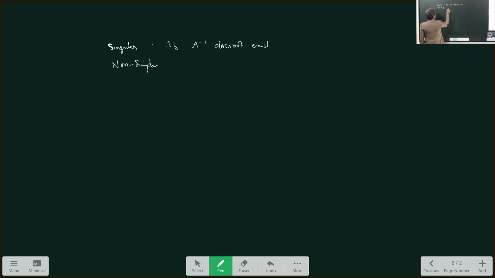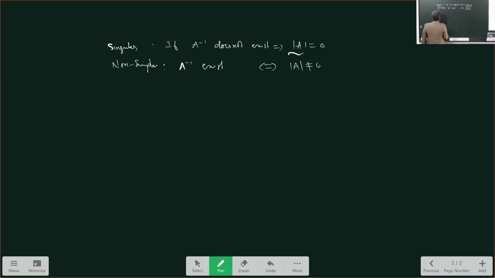Non-singular means A inverse exists. To be more precise, the other way I can say it: if the det of A is 0, then A inverse does not exist. If the det of A is non-zero, then A inverse exists. So singular and non-singular are termed in terms of the determinant.